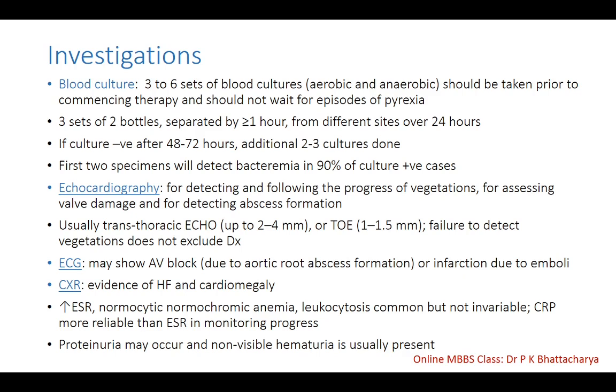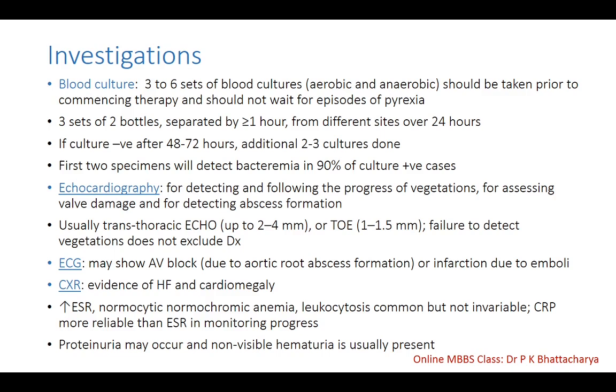ECGs may detect AV block, due to either an infarction or an emboli, and chest X-ray can help you to find out whether there is a heart failure or cardiomegaly. The usual blood parameters like a raised ESR, a CRP, a normochromic normocytic anemia, and leukocytosis are common, but may not be present always, not necessarily.